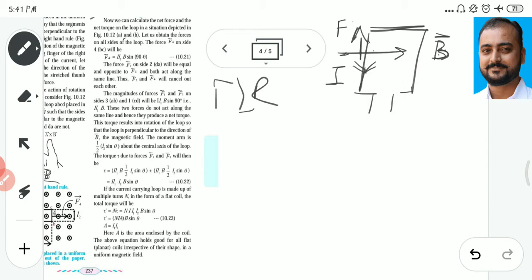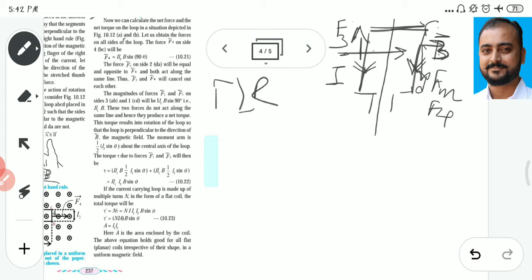So this is your axis of rotation. In a similar manner, for the current flowing in branch CD, the current has this direction and the magnetic field has this direction, and so according to Fleming's rule, the direction of force is downward, which is your F4, and this is your F3.